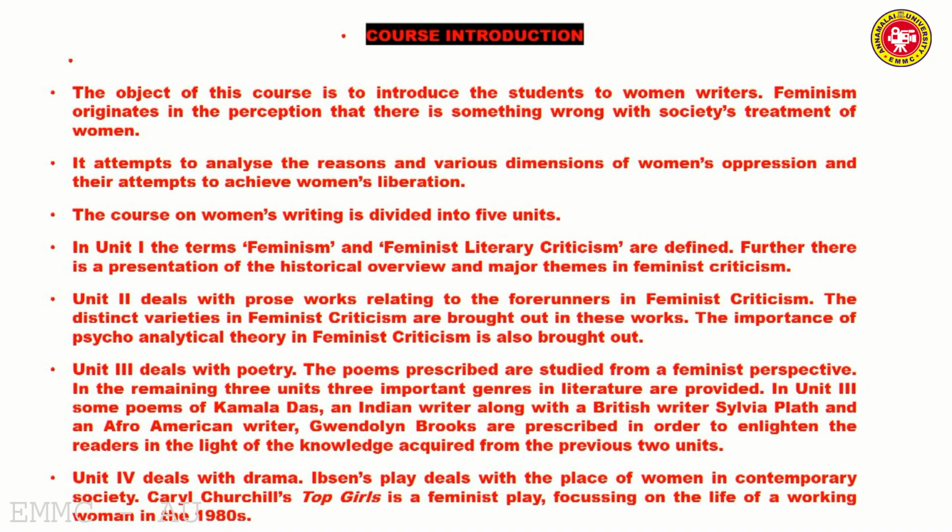The second unit comprises the critical essays of some famous feminist critics, beginning with the 20th century writer Virginia Woolf and her book, A Room of One's Own. From that book, chapter 2 and chapter 3 are taken as the first essay.